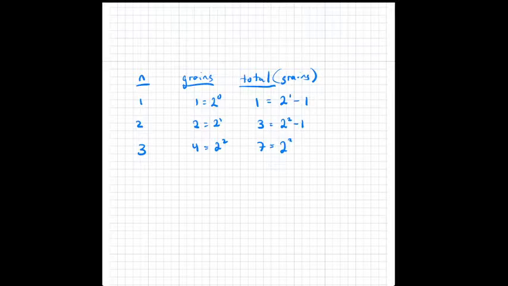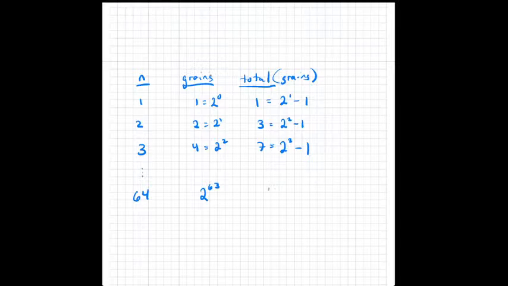So now let's fast forward. Now that we have a sense of the pattern, let's jump to the 64th tile, right? So on the 64th tile, it should be 2 to the power of 63 grains of wheat, and the total grains of wheat on the chessboard are going to be 2 to the power of 64 minus 1 total grains of wheat, right?